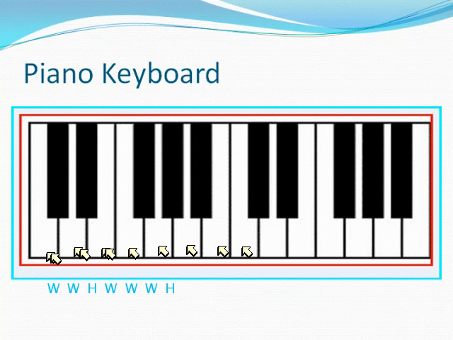Now, I used the correct formula. I used the correct half steps and whole steps. So those notes that I just put the arrows on are C, D, E, F, G, A, B, and C. And that is why the key of C major has no sharps or flats in it.